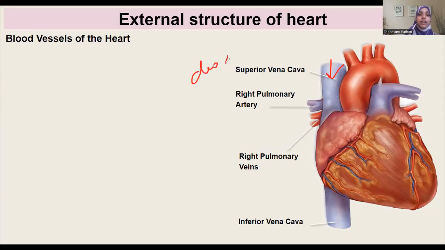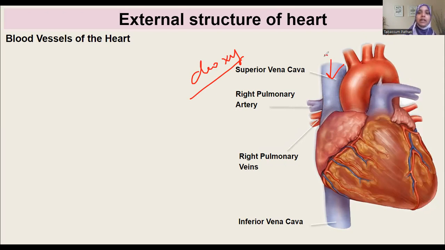Now, what do we mean by deoxygenated blood? Deoxygenated blood is the blood taken from different parts of the body, which has carbon dioxide in it, and it is taken to the lungs to give up the carbon dioxide, which the lungs will exhale. Then this blood is ready to take oxygen from the lungs and bring it to the heart, and the heart will pump it to different parts of the body.